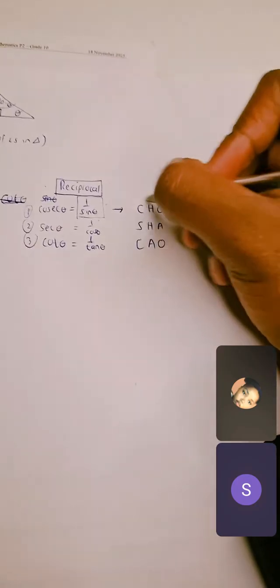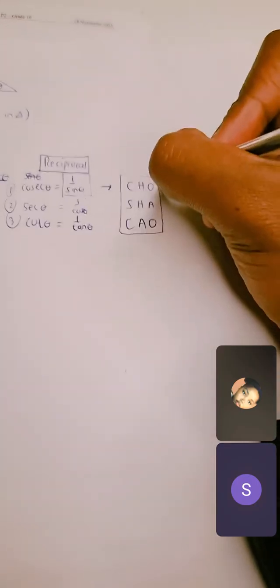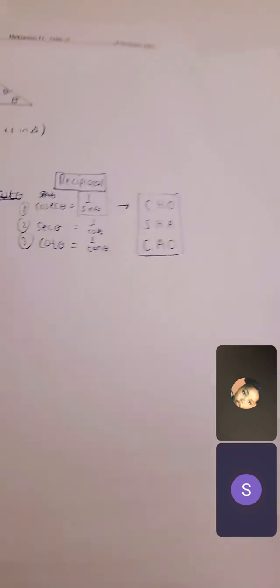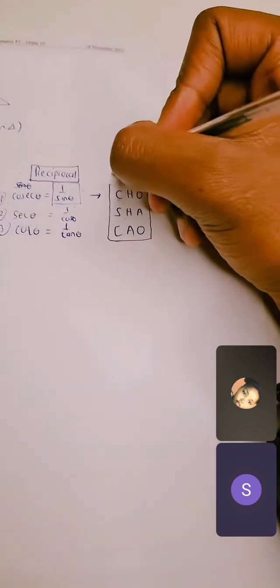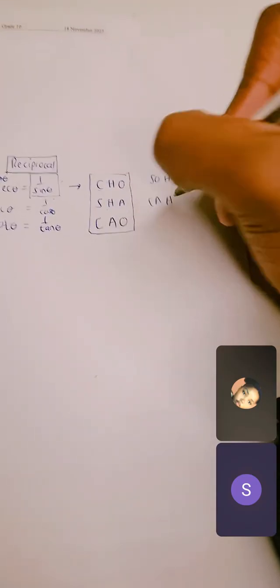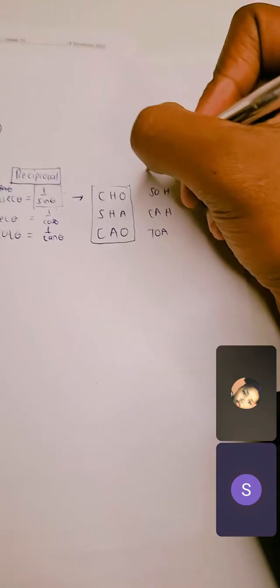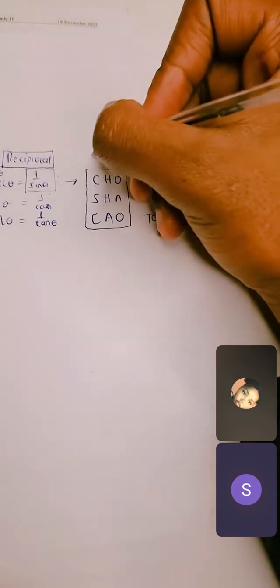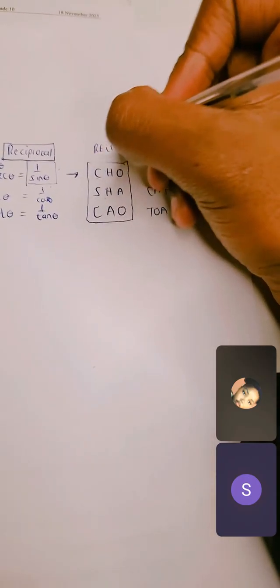So that introduces us to another mnemonic. The SOHCAHTOA, which is your basic trig ratios. And then there is the one for your reciprocals.